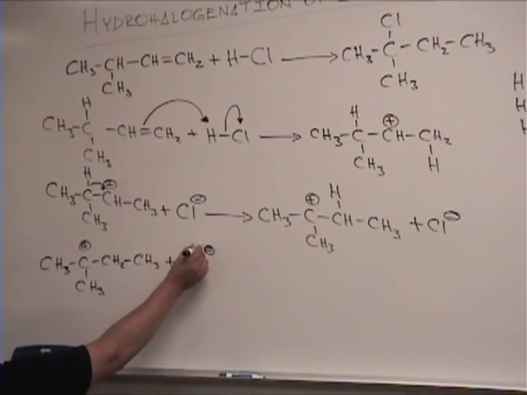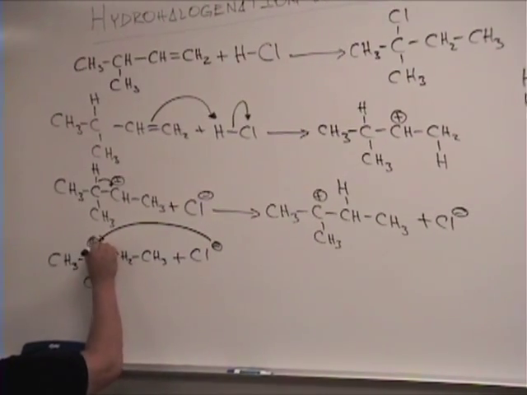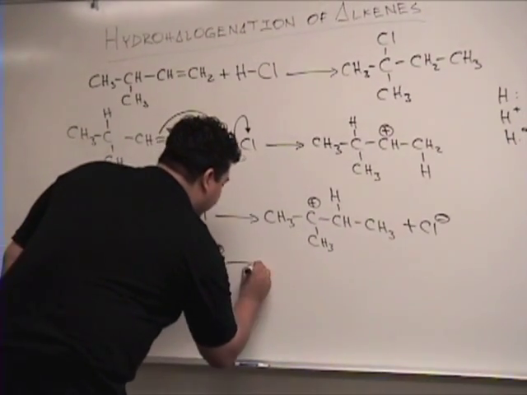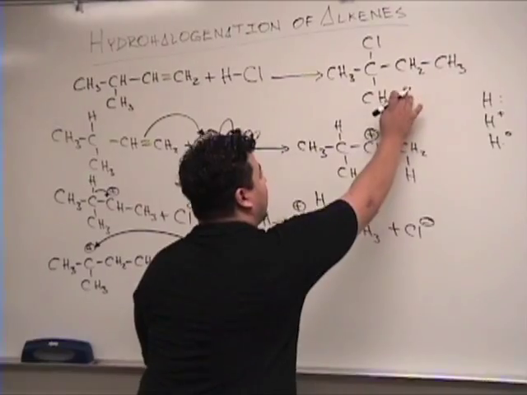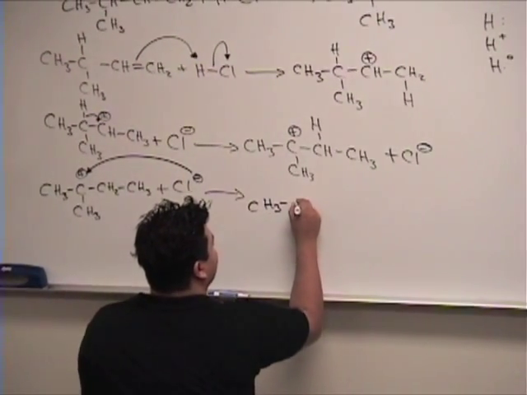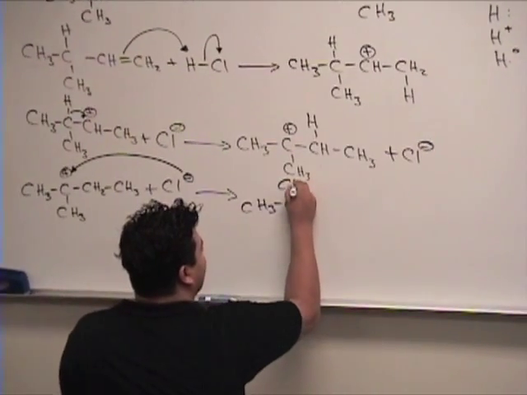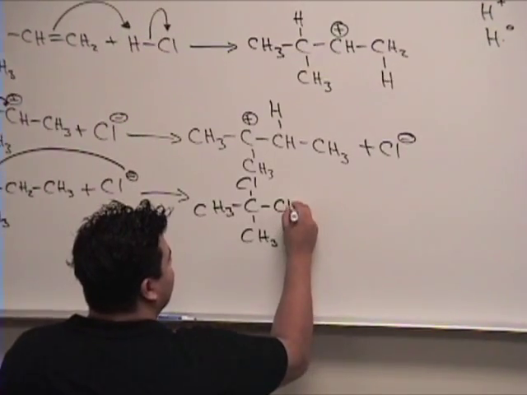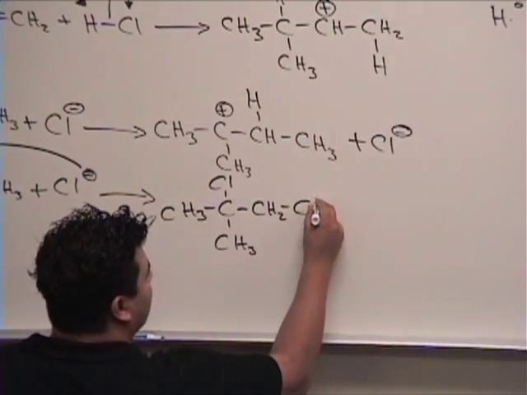Now we know that minus is going to attack the plus. It's going to stabilize that. And we are going to get this molecule up here. We're going to get CH3, C, the Cl, CH3, CH2, and CH3.